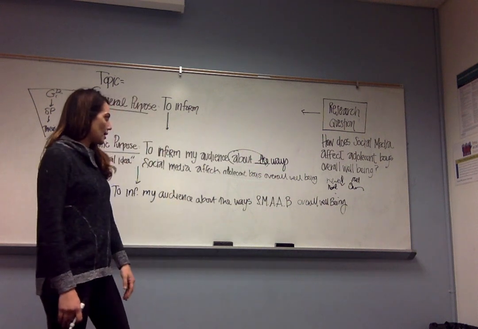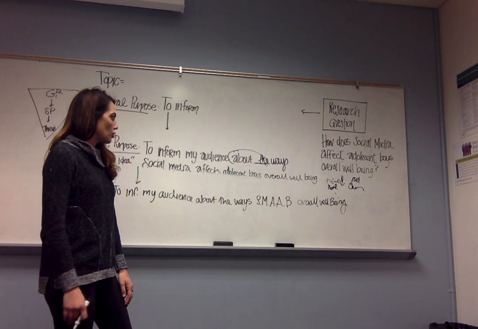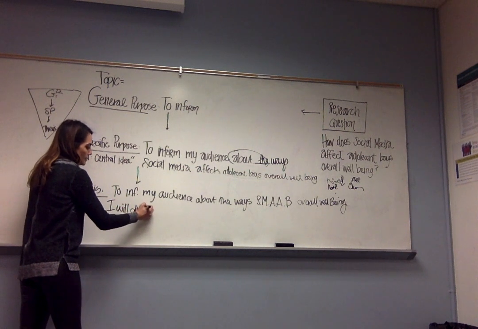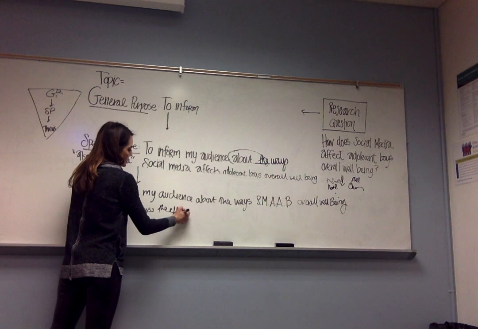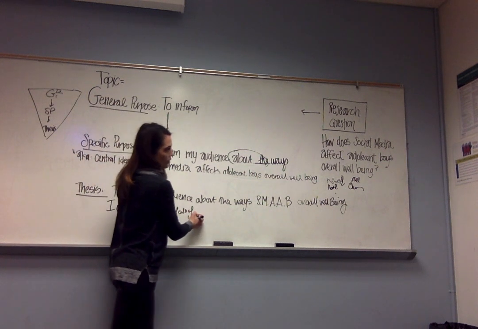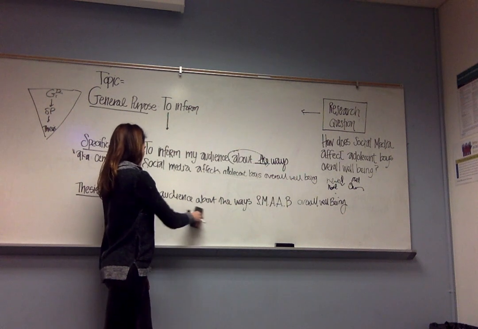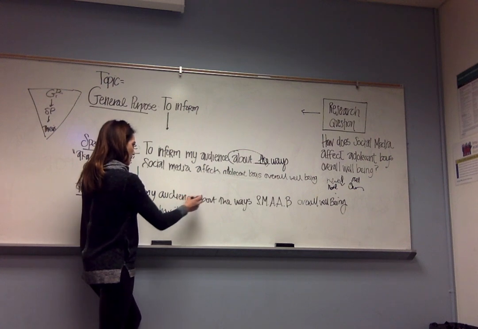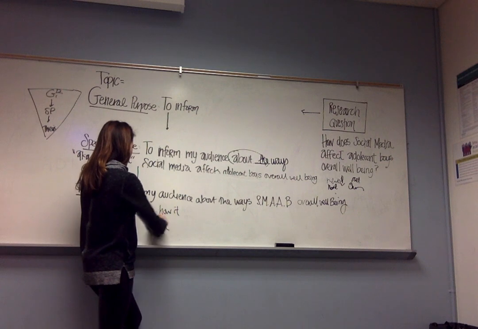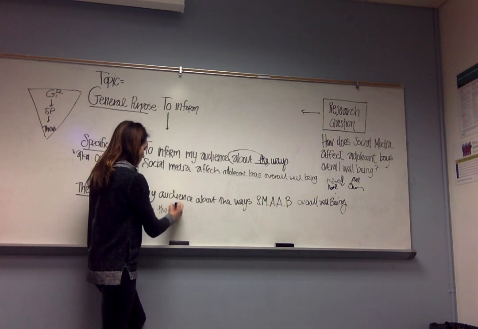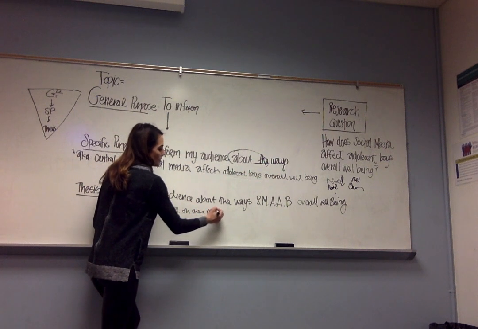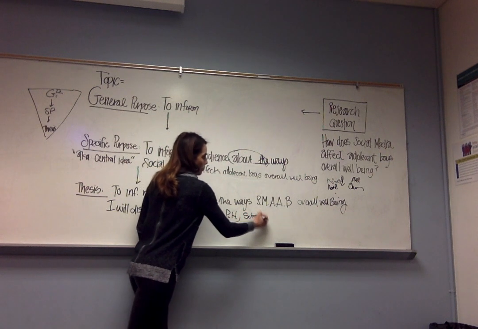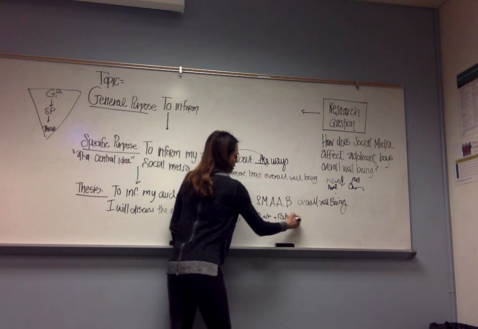So I could say something like, to inform my audience about the way social media affects adolescent boys' overall well-being, I will discuss the effect on one's mental health, physical health, school, work, and relationships.